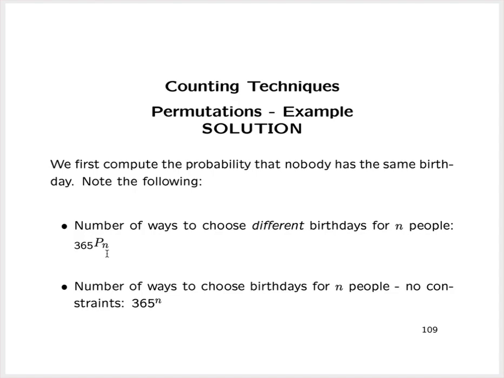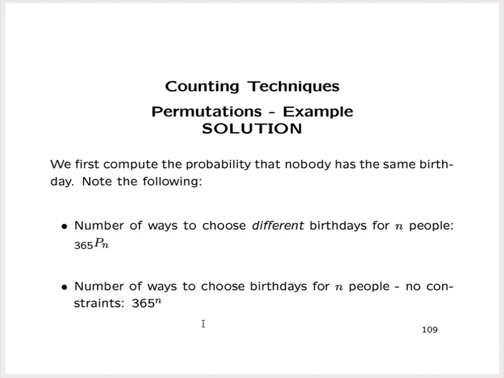The first birthday has 365 ways. For the second person, because it needs to be different, there are 364 ways. And so on down to the nth person, with 365 minus n plus 1 ways. That is expressed succinctly by 365 permute n.